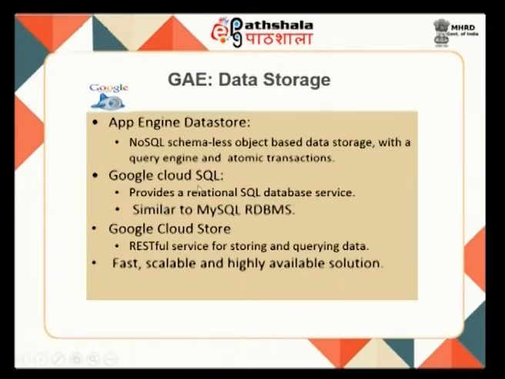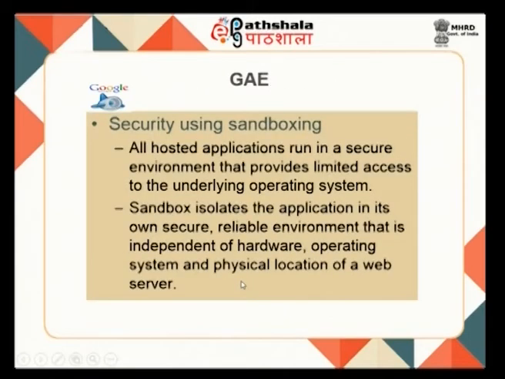It also uses Google Cloud SQL, which is a relational SQL database service. It is quite similar to MySQL RDBMS, and it uses a RESTful service, which is Google Cloud Storage, for storing and querying the data. All these are fast, scalable and highly available data storage solutions.